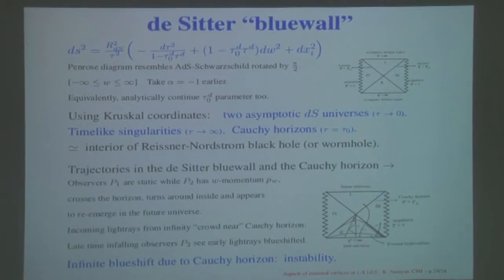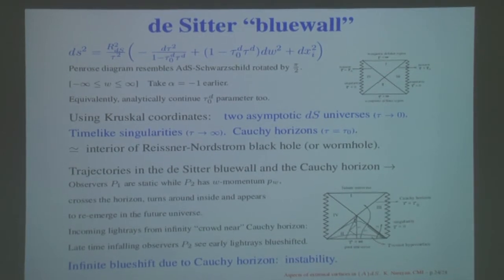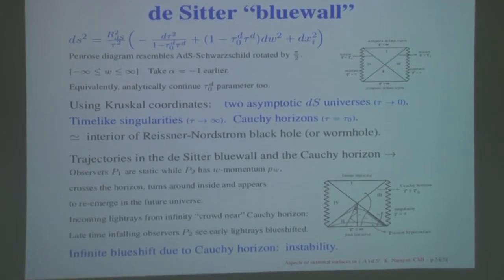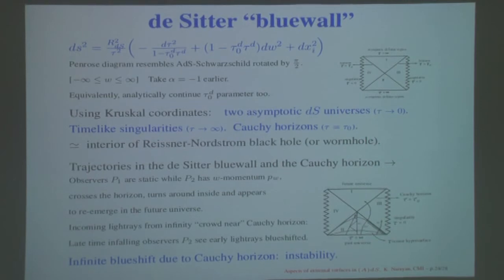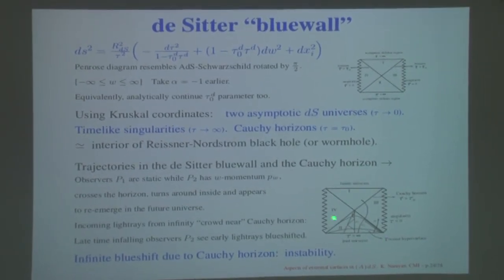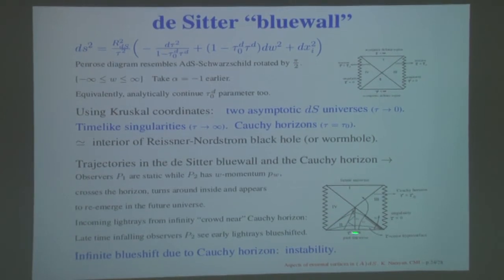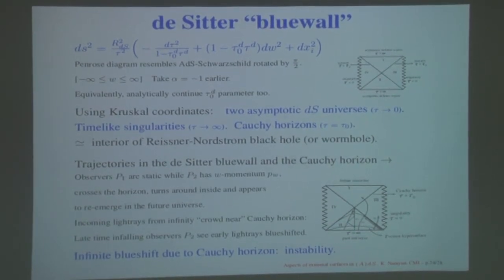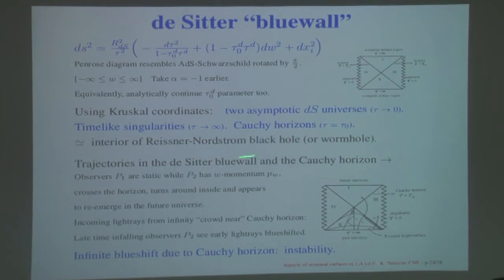You could ask what trajectories look like in this story. There are various kinds of trajectories. You could imagine static observers simply go through this bifurcation point, this bifurcation region, and they go from the past universe to the future one, or at least they appear to go that way. These are these P1 observers that I'm calling here, these lines here.